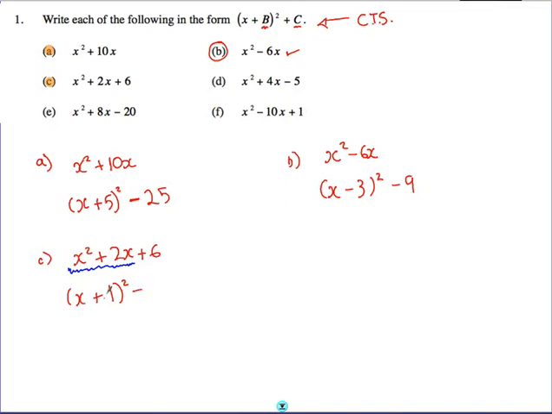Now take away that 1 squared, but don't forget we've still got this plus 6, so we have to add 6. And that would just leave us x plus 1 squared. So 1 squared is 1, so minus 1 plus 6 is going to be a plus 5. That's what it simplifies to. And done.